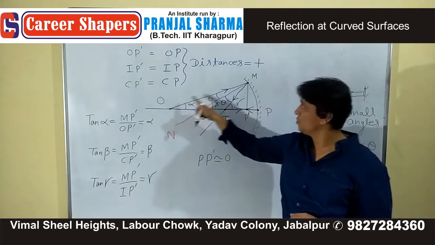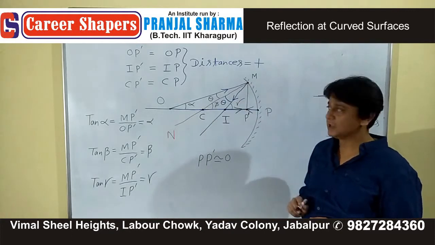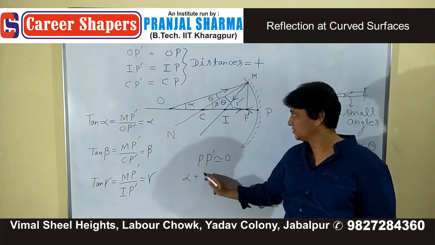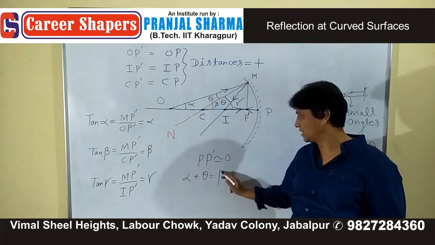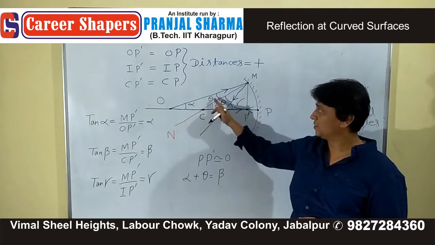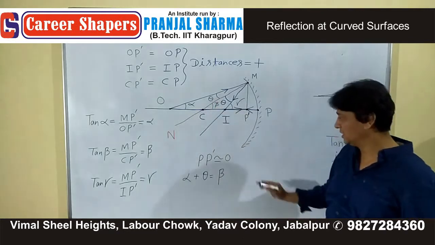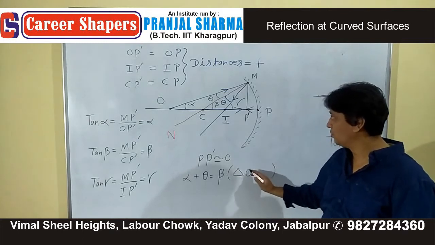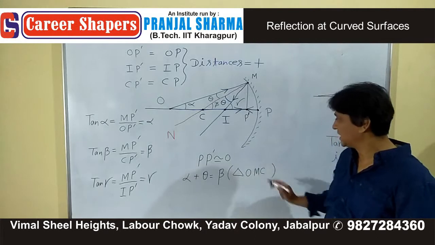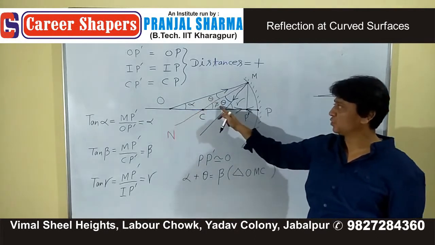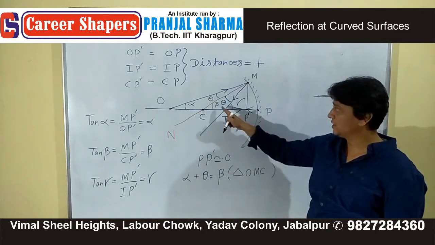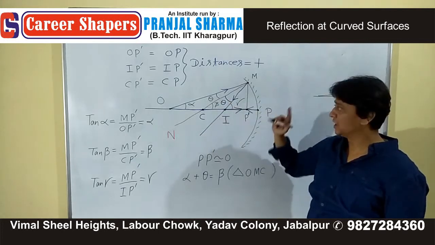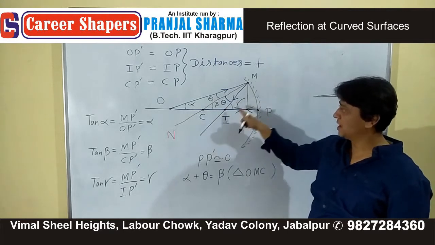That gives you alpha plus theta is beta. This information you got from triangle OMC. Similarly, beta plus theta becomes gamma in the triangle CMI.